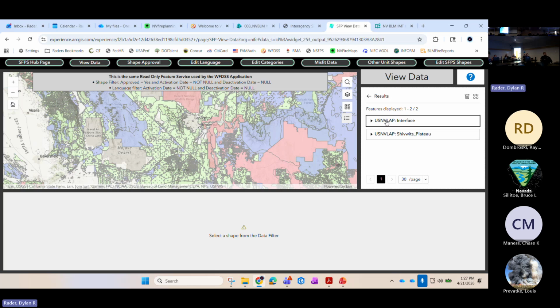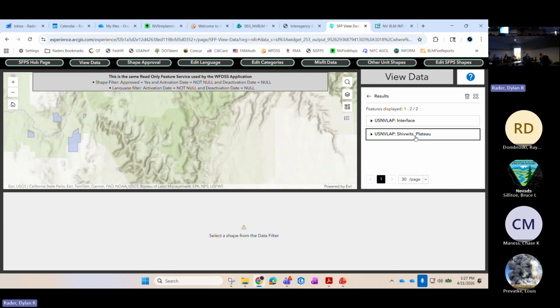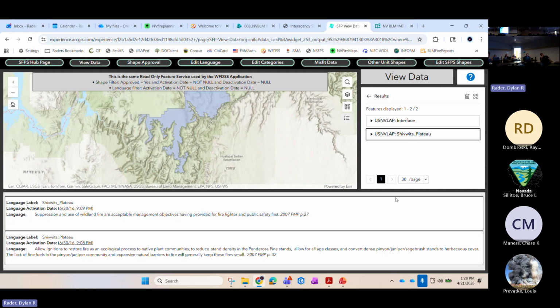That means if we were to go in here, we would have specific information just for the interface, and if we had a polygon that intersected the Shivwitz Plateau, there'd be specific direction just for the Shivwitz Plateau. That's how you'd set it up. You can set up Spatial Fire Planning Service to whatever makes the most sense to you, but it needs to follow that. The unit boundary is the primary boundary. The subunit boundaries don't overlap the unit boundary.